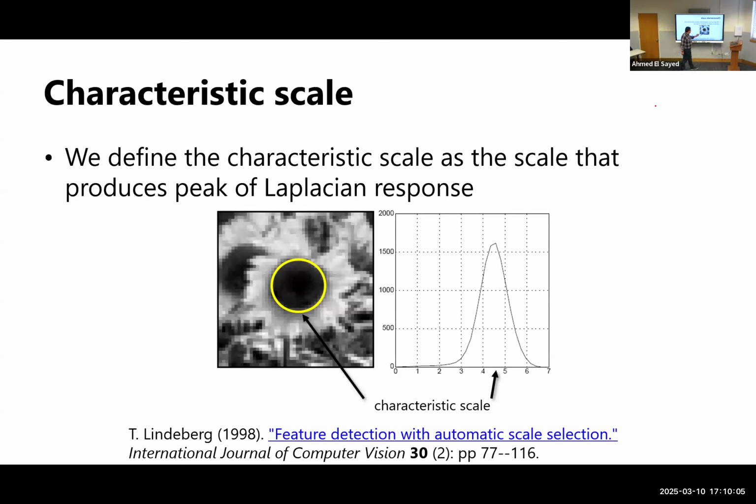So if I have some image and I want to detect a plot inside, I will keep working on different scales from the filter. So several values, then find the maximum value of the Laplacian at which scale, and this will be my plot size based on that.